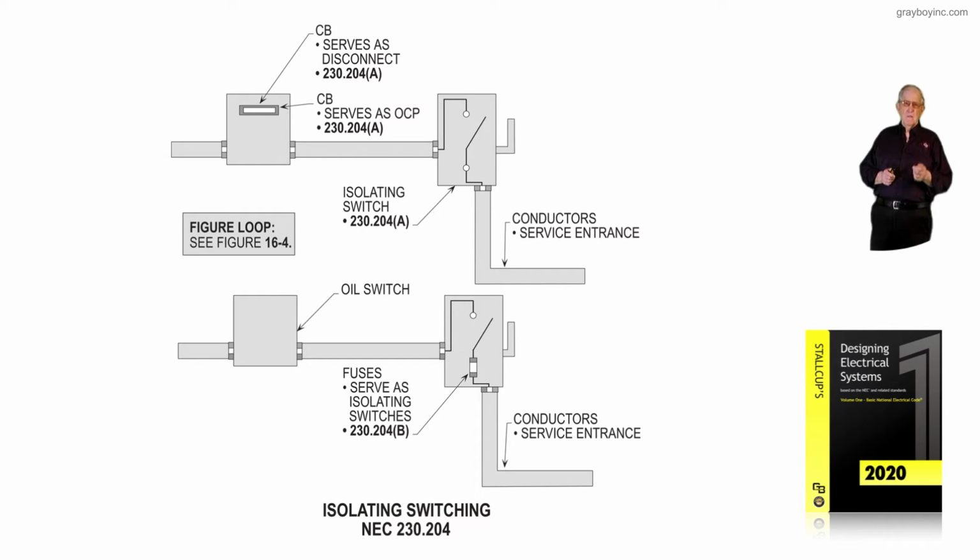And then of course we have the NEC loop in the illustration that recommends for the viewer to look at figure 6-14 and chapter 16, which would be in volume 2 of Stallcup's design book.